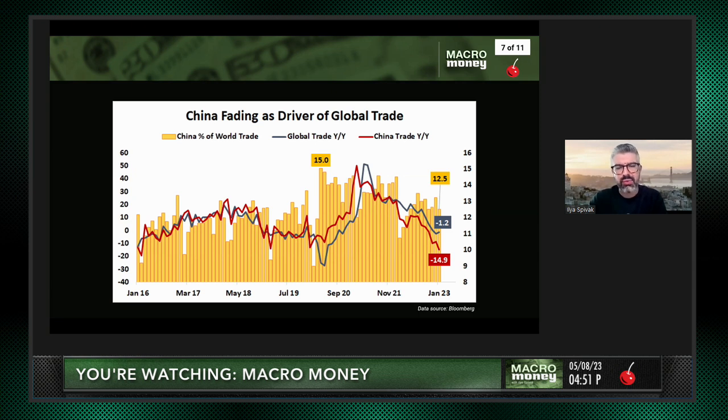And really the eye-catching part is that Chinese trade in year-on-year terms is shrinking at this point at nearly 15% year-on-year. Whereas overall global trade, while also shrinking, is only shrinking at about 1.2%.